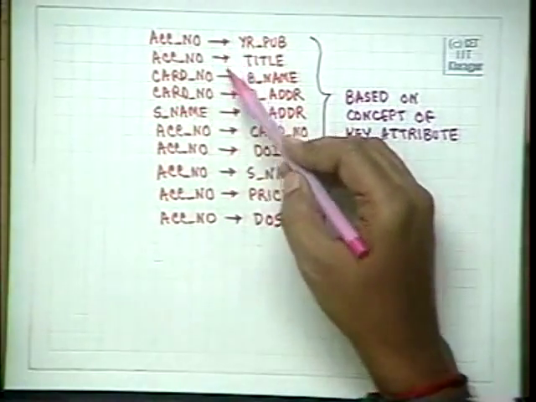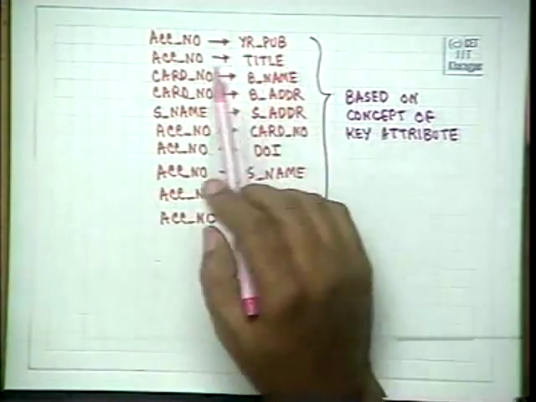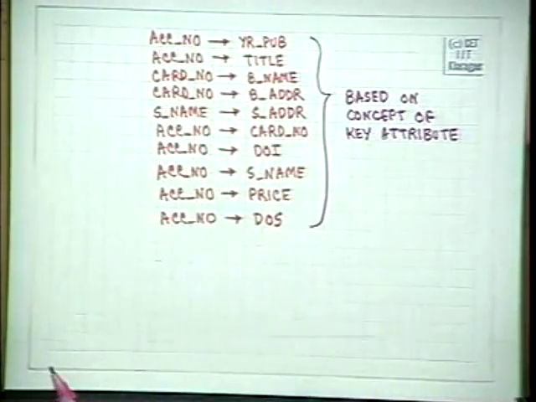So, based on the idea of a key attribute, we can specify what are called functional dependencies.